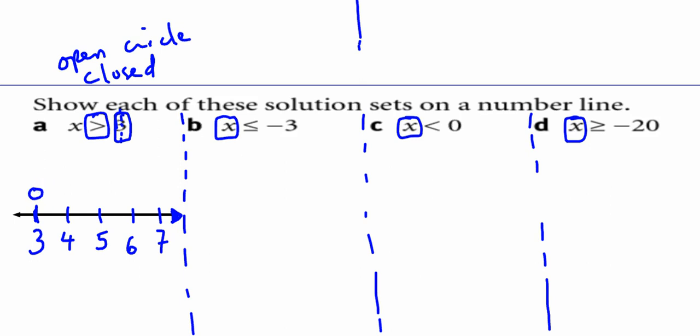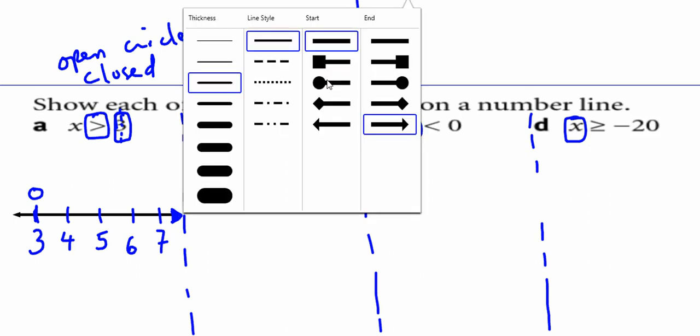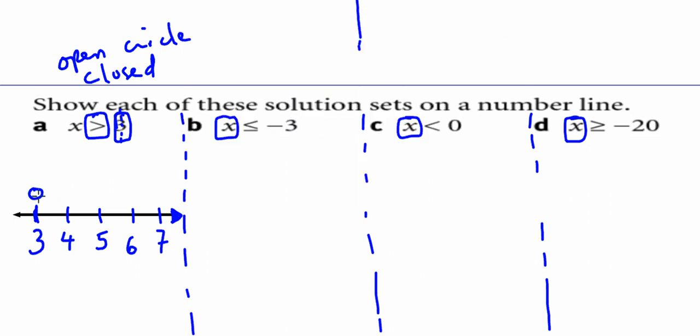Okay. Now where do we head to? Remember what I said? I said that we start from the number 3 going to the right hand side. Can you see that? Good.